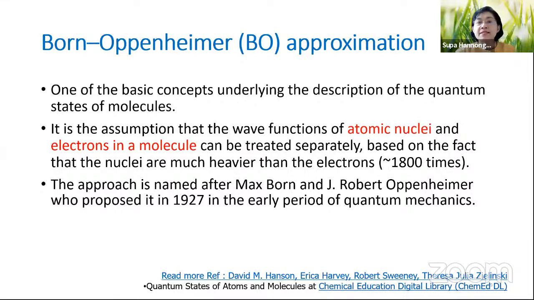You may remember that the mass of the nuclei is about 1,800 times, okay, heavier than the electron. So in this concept, the Born-Oppenheimer approximation can be applied to separate the electronic properties of electron and nuclei.